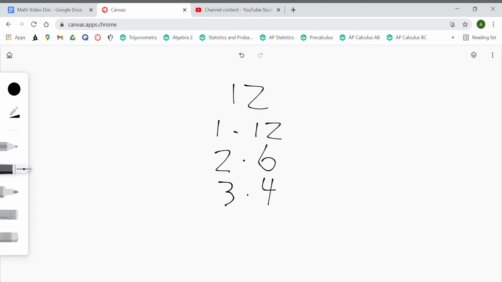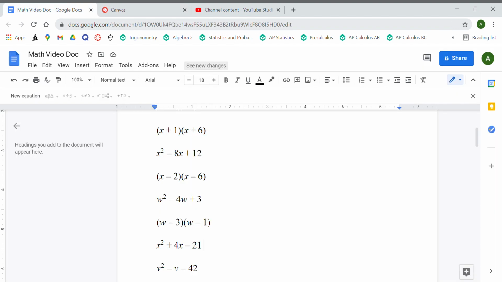Alright, this one gets a little bit tricky. We have x squared plus 4x minus 21. Note that this value right here is negative, so the signs must be different.